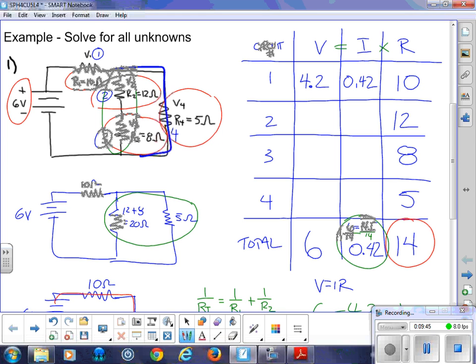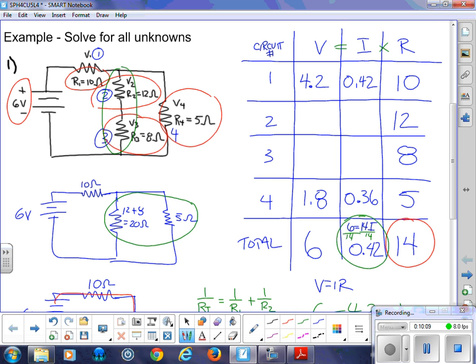So if I go through resistor number 4 there, I will eat 1.8 pretzels. Okay? So I can eat 1.8 pretzels going through there. If that's the case, using V equals IR, I'm going to divide 1.8 by 5.